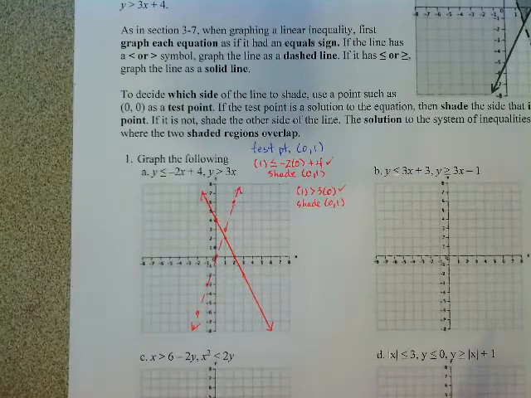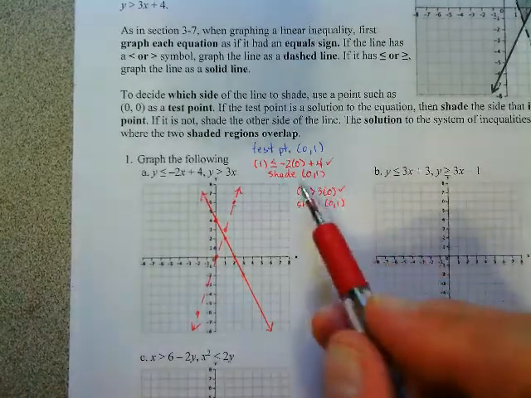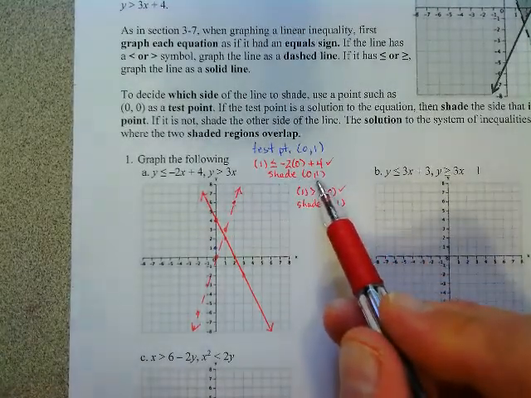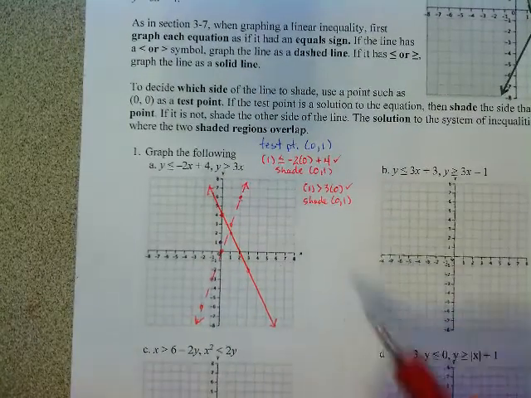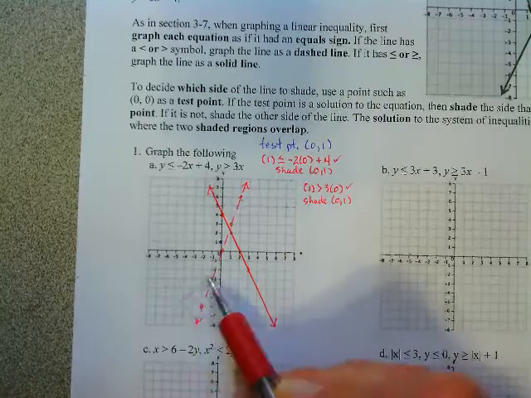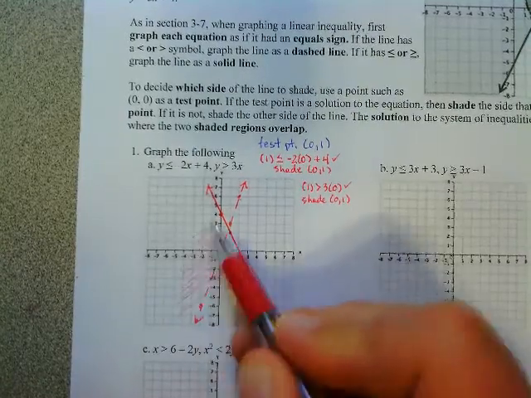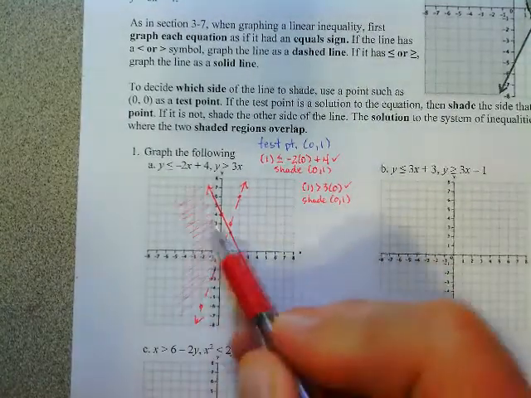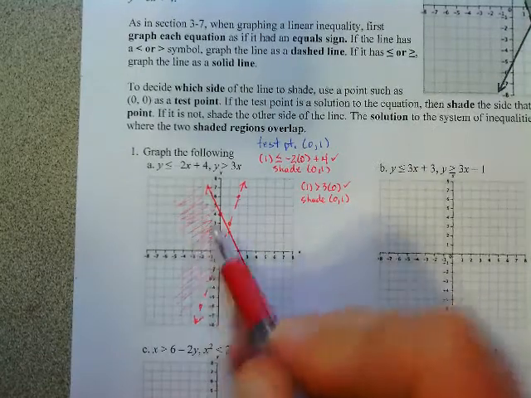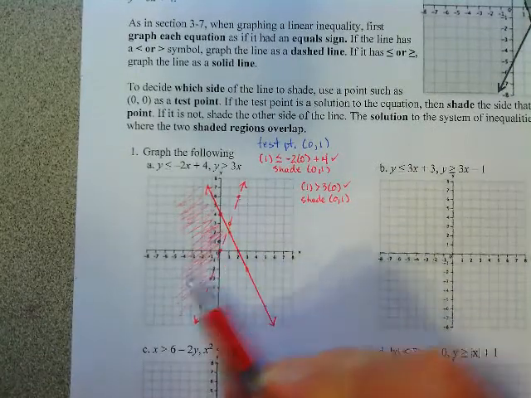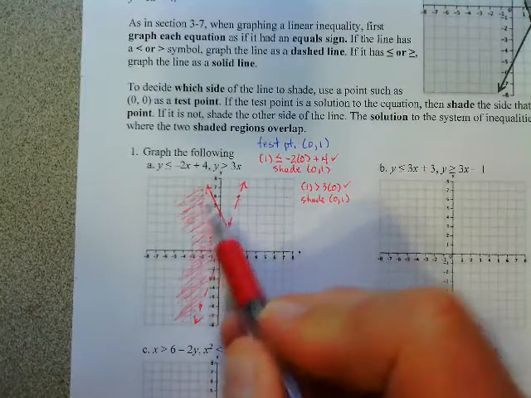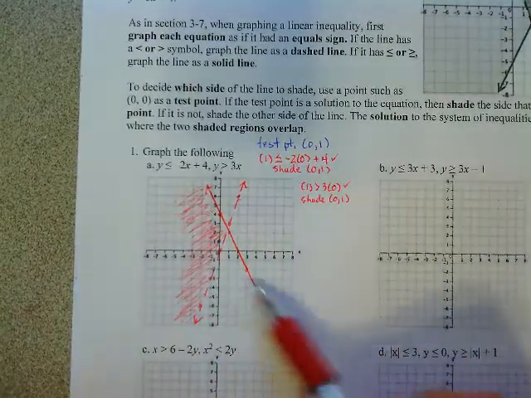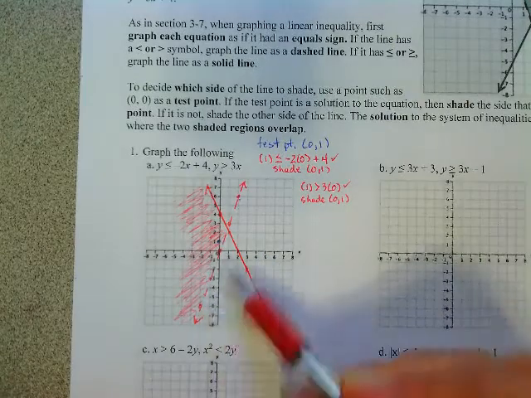And so in both cases, we're going to shade the side of the line that will include the 0, 1 point. And so in this case, we're going to shade like this. In both cases, we are ending up to the left of the lines. We're not going to shade down here because that would be on the other side of this line.